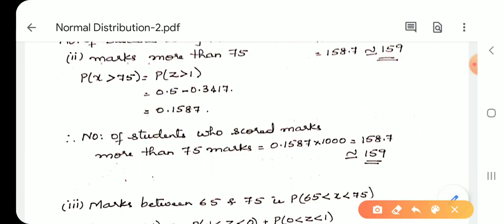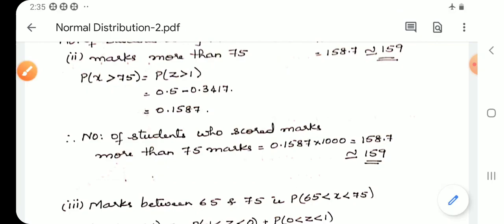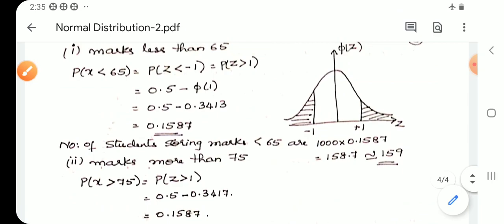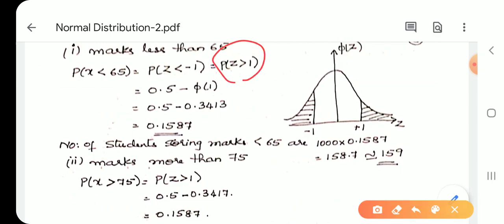Let us find the number of students who have scored marks more than 75. When written in terms of z, we get P of z greater than 1, which we have already found in the previous problem. It is exactly the same, P of z greater than 1.